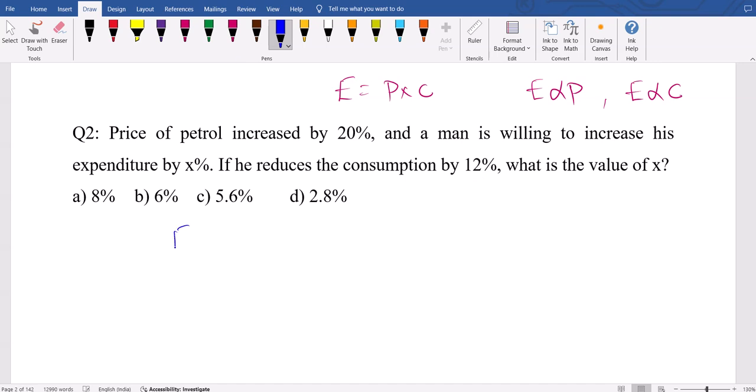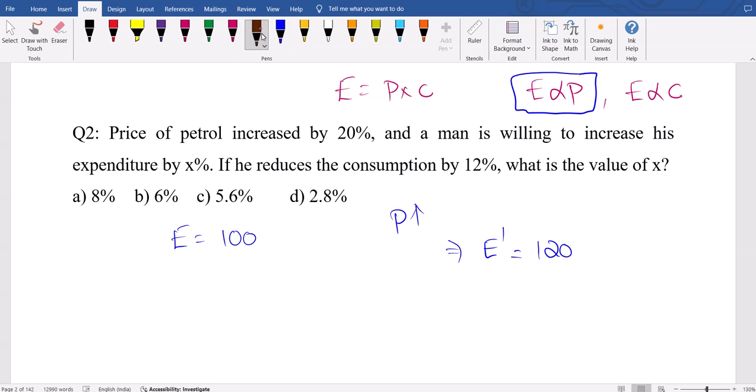See, expenditure, let it be equal to 100. Expenditure is 100, right? Now, if price increased by 20 percent, then expenditure also will increase. It will become 120. Why, sir? Expenditure is directly proportional to price. When price increases, expenditure will increase.